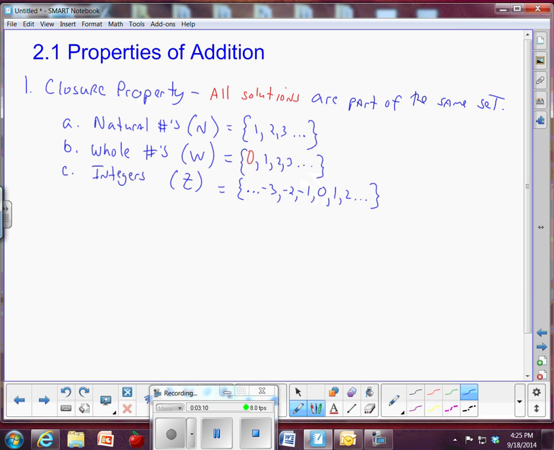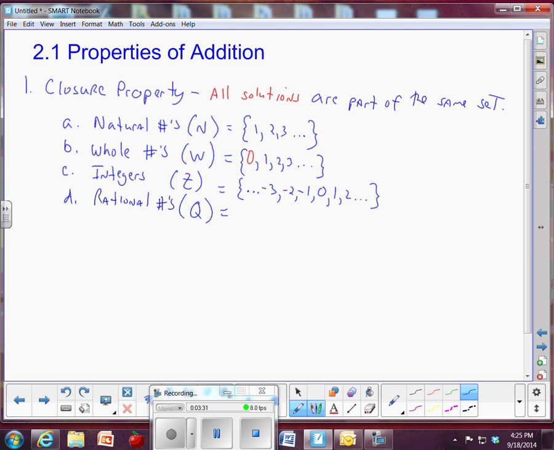After that is a set called the rational numbers, and their symbol is Q. You say, why not R? Because our whole set is called the real numbers, and that's an R. So we're not using R for rational.